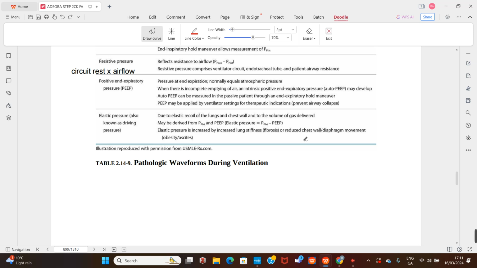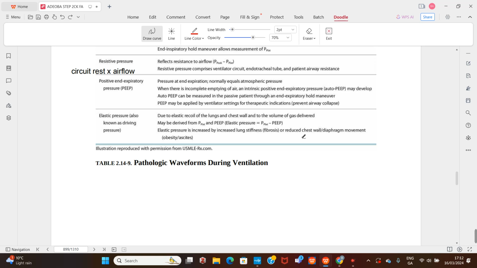Reduced chest expansion, reduced chest movement, reduced diaphragmatic movement can also cause an increase in the elastic pressure. For example, someone with obesity or ascites cannot allow air to come in. So you need to use more pressure to force the chest wall to move outwards so that you can bring in air.